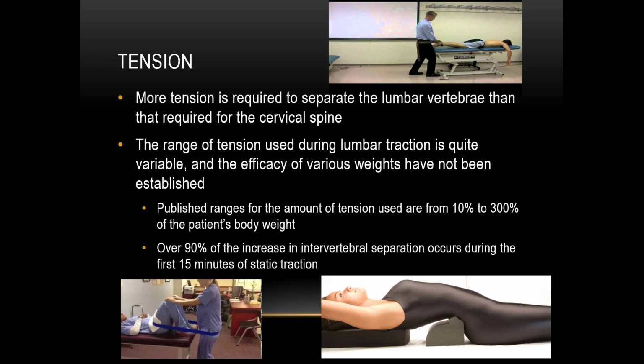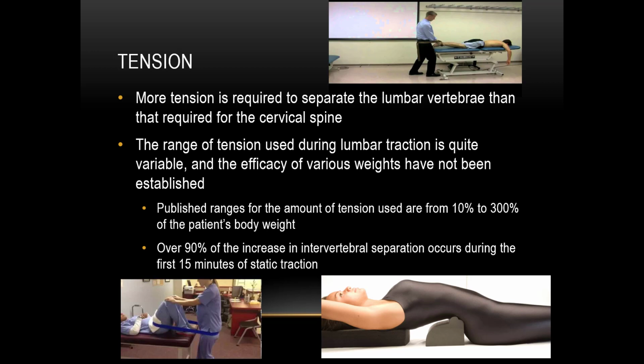The effects of the injury response process. It has been previously stated that more tension is required to separate the lumbar vertebrae than that required for the cervical spine. However, the range of tension used during lumbar traction is quite variable, and the efficacy of various weights has not been established.